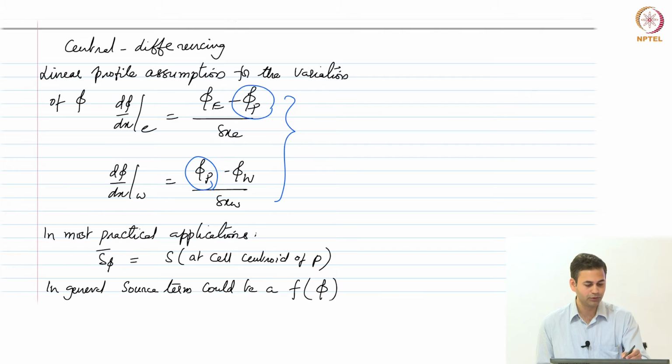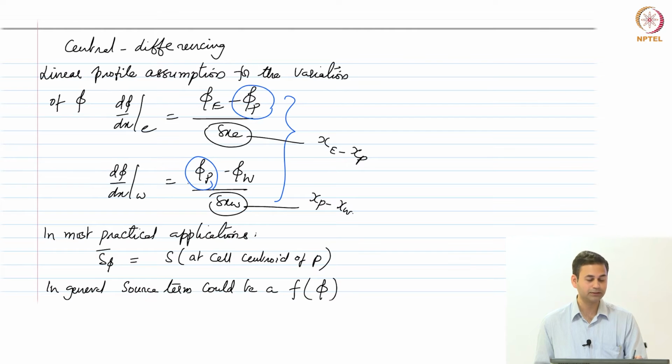So if you write delta x e as x east minus xp, and this as xp minus x west, then you would get this as phi p minus phi w. It has to be always between 2 points, and the points happen to be west, p and east.